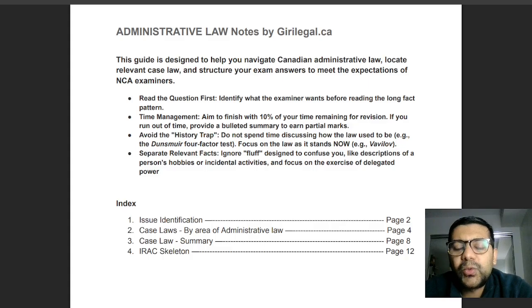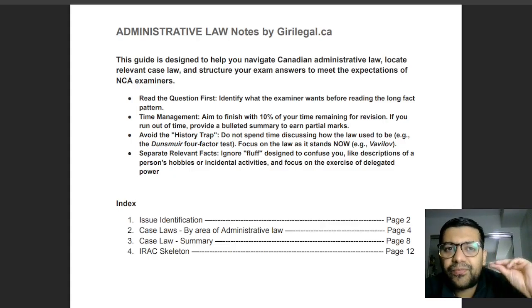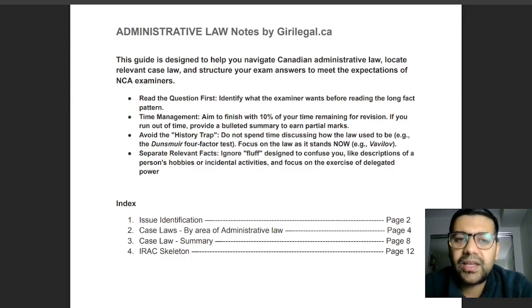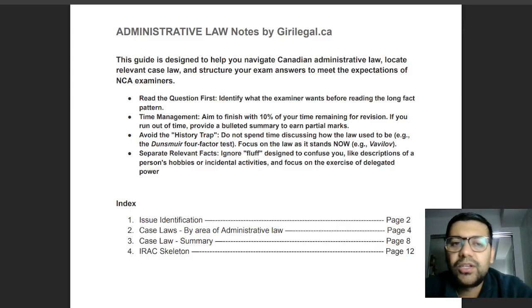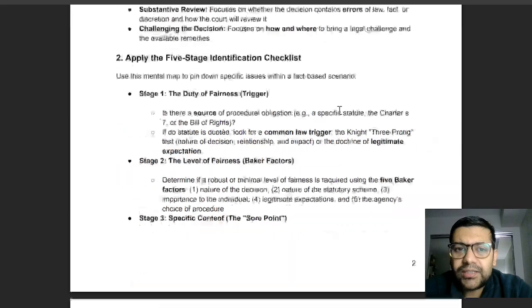So what you want to do is have enough resources ready and read enough case laws, so that as soon as you read a question, something points you towards your material, and you think, I have read this case law, something similar to this situation, let me apply that. And then, as I said, go by the area of administrative law, pick from here, and start building your question answer from there. So this is about it.